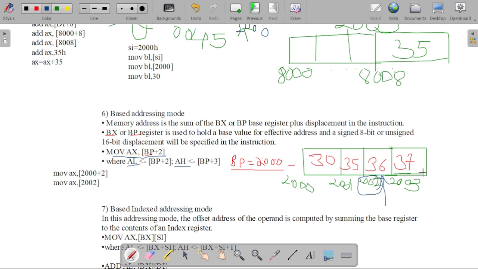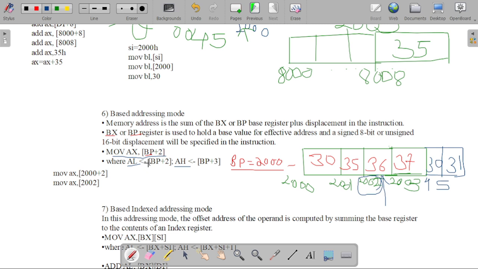Now we have to copy this content into our AL and AH registers. So till 2003H location will be there. I'm writing here the 2004 location, and this will be the 2005 location. Consider here the value will be 30, and here it will be 31.